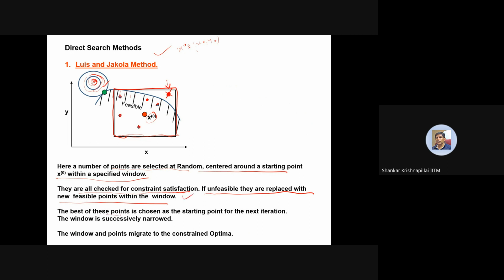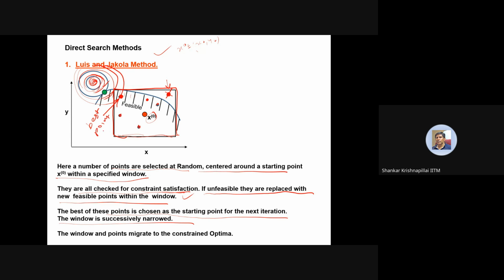And the best of these points is chosen as the starting point for the next iteration, and the window is successively narrowed. Here the contours of the objective function are coming like this. So the best point is this one, because this point is closest to the minimum.